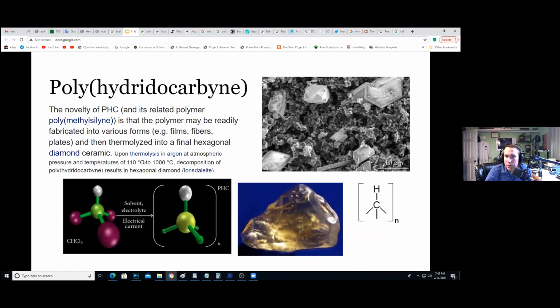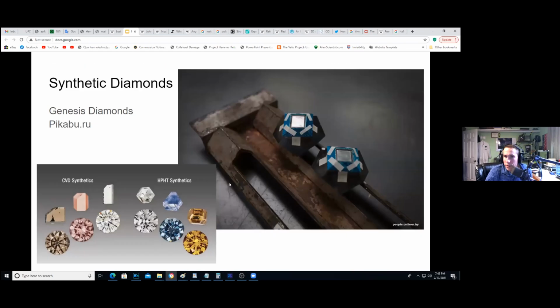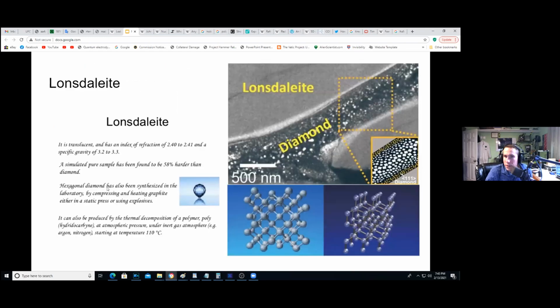Upon thermolysis in argon at atmospheric pressure at 110 degrees Celsius to 1,000 degrees Celsius, decomposition of polyhydridocarbon results in hexagonal diamond, or Lonsdaleite. Lonsdaleite, as you know, is a translucent diamond. It's about 58% harder than a natural diamond.